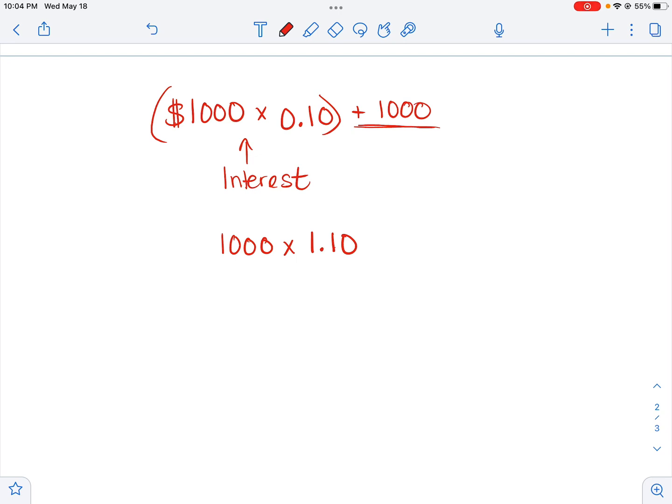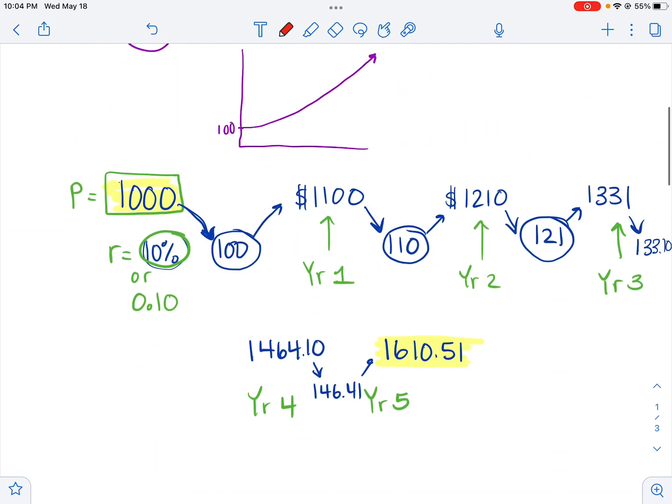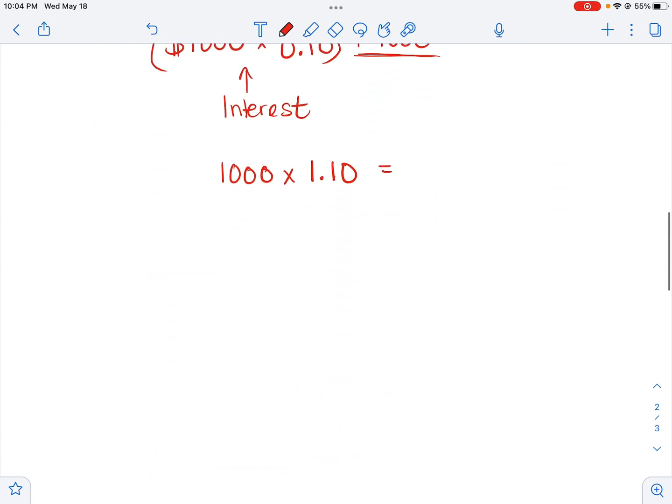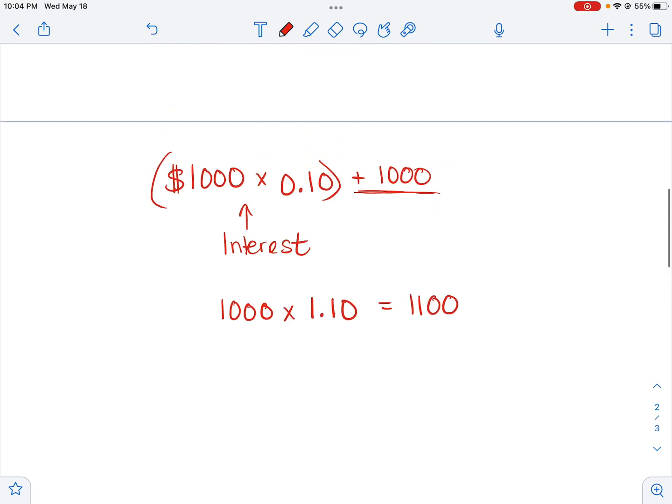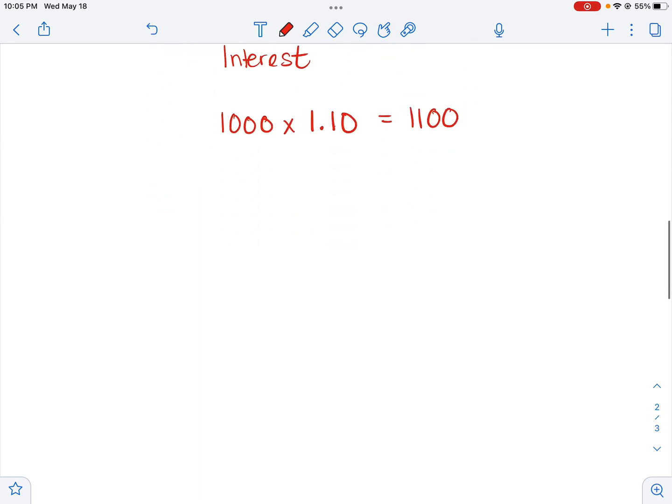So try it out. $1,000 times 1.10 will equal exactly what we had in our first year, $1,100. Versus if we did it the other way, we would get 100 plus 1,000 equals 1,100. So we can just do it quicker, multiplying it by 1.10. And then if we want to do it for, say, 5 years, what ends up happening is we're just multiplying it out 5 times.